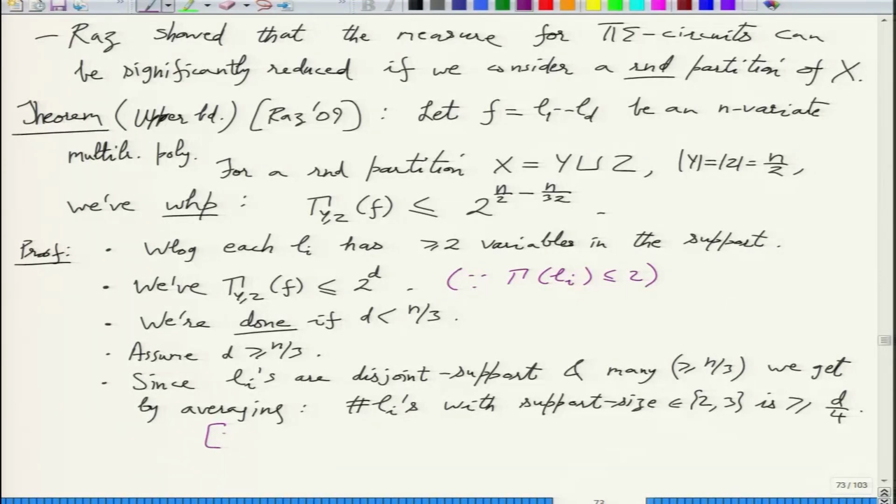Else, if it is less than D by 4, then more than 3D by 4 many Li's have support size 4 or more.